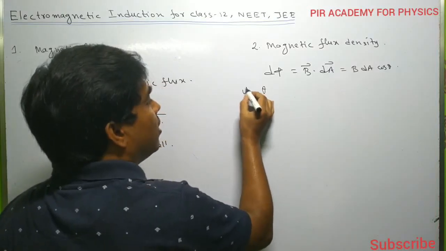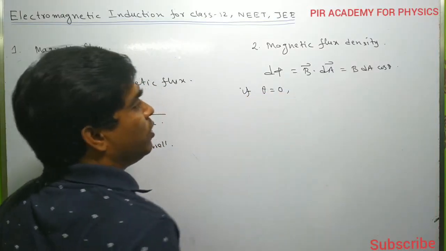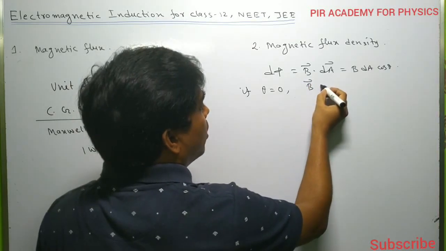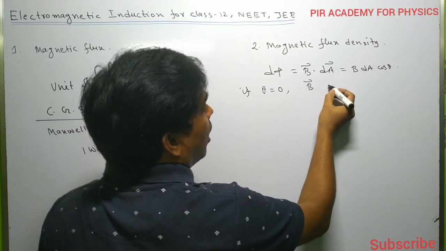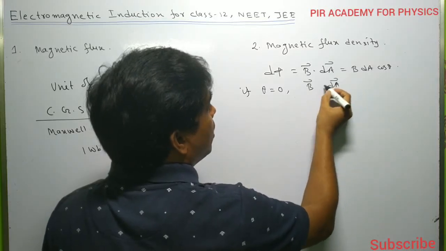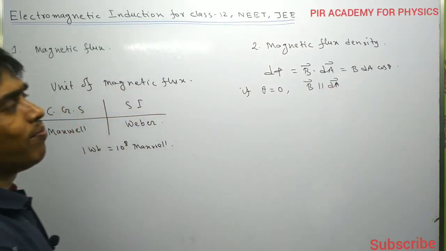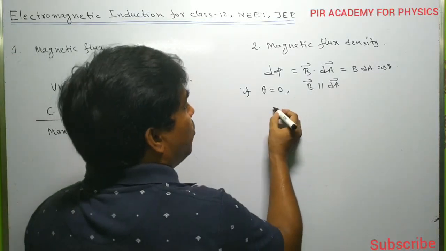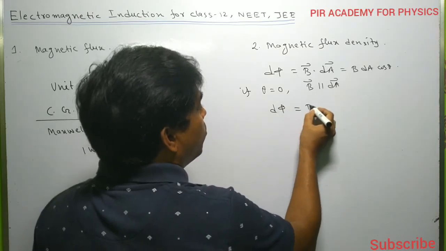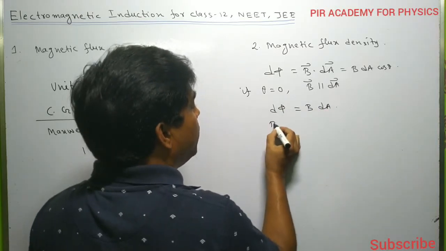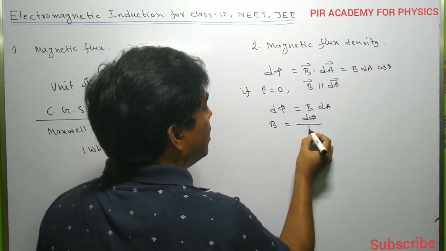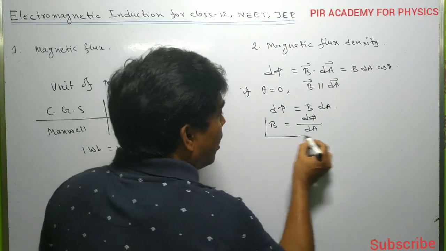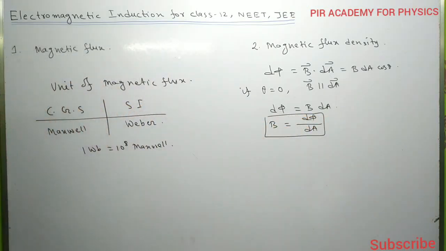If theta equals 0, that means the B vector and the dA vector are parallel to each other. So it will be d phi equals B dA. That means B equals d phi by dA. This is the magnetic flux density.